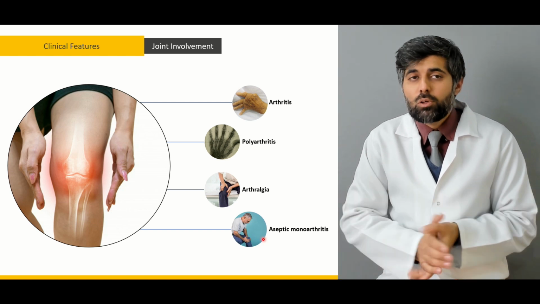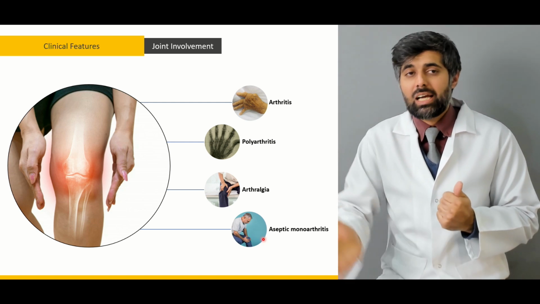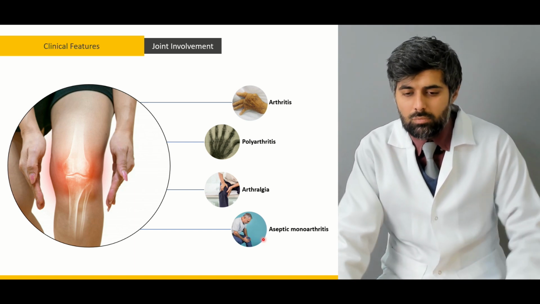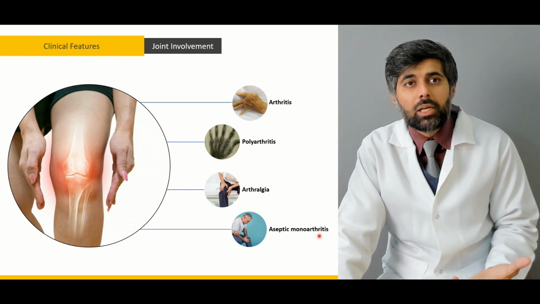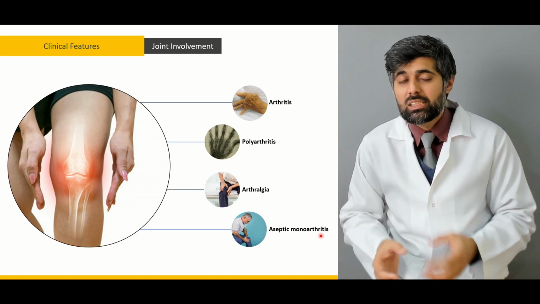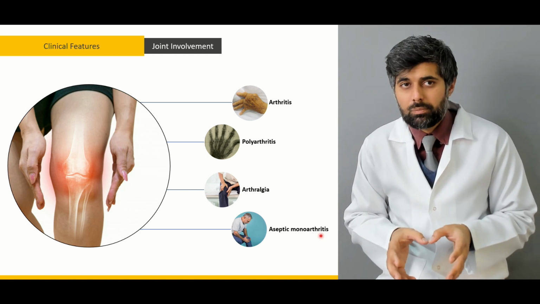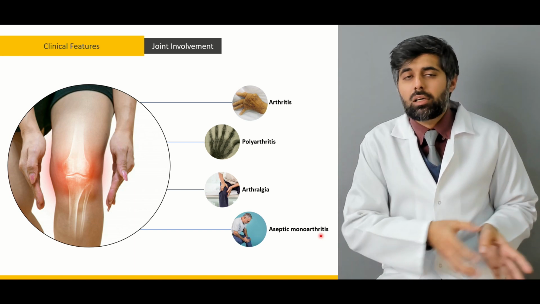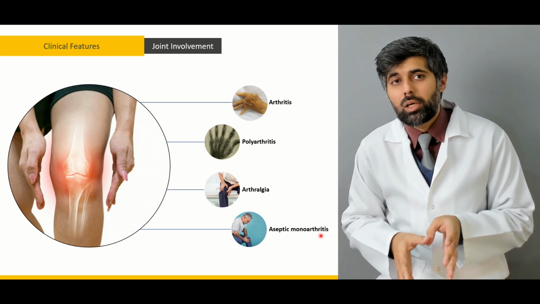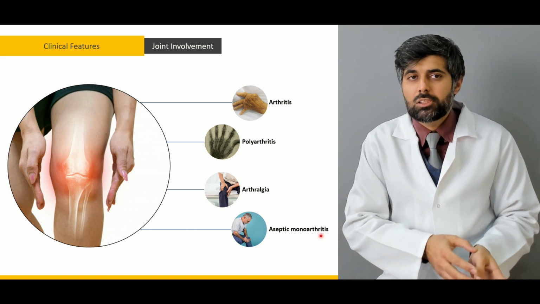So, even if your patient has only monoarthritis, it does not mean that rheumatic heart disease is excluded, because monoarthritis may be septic, may be aseptic, but it can happen in rheumatic heart disease. That is the point I want to clarify. Polyarthritis is not pathognomonic for rheumatic heart disease. The migratory nature of the polyarthritis is pathognomonic, because we can see monoarthritis in rheumatic heart disease.